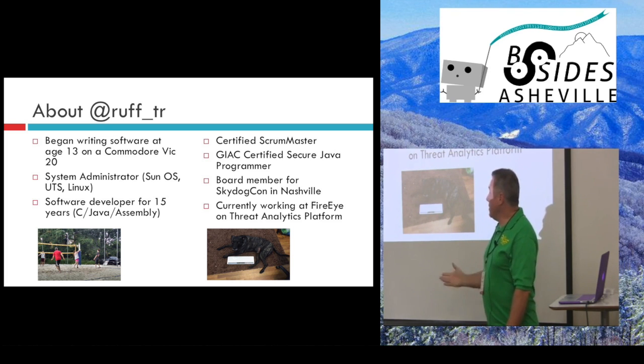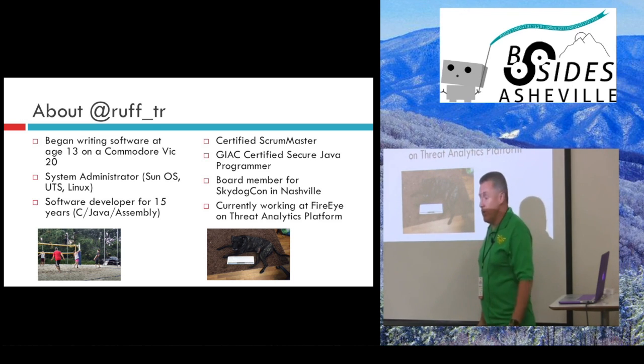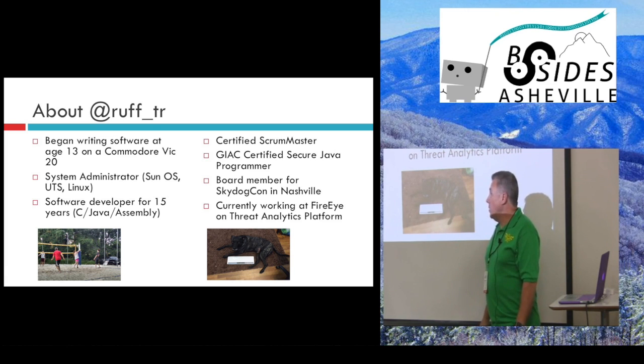Later on in life, after I graduated from college, I was a system administrator on various Linux systems, SunOS, which later became Solaris, UPS, Linux. And then I went back to school and got a degree in programming.